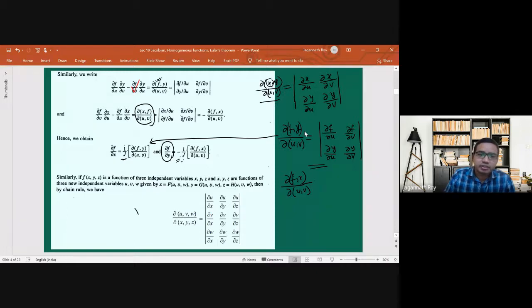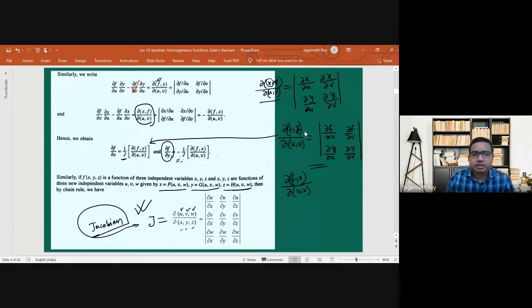Similarly, we can define it for the 3 variable case also. So if we have u, v, w, our functions, x is a function of u, v, w, y is also a function of u, v, w, z is also a function of u, v, w, then we can define the Jacobian of 3 variables with respect to x, y, and z.